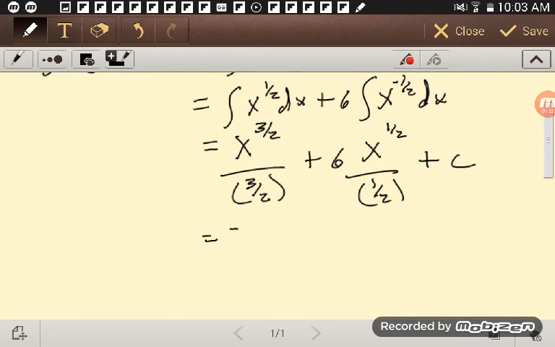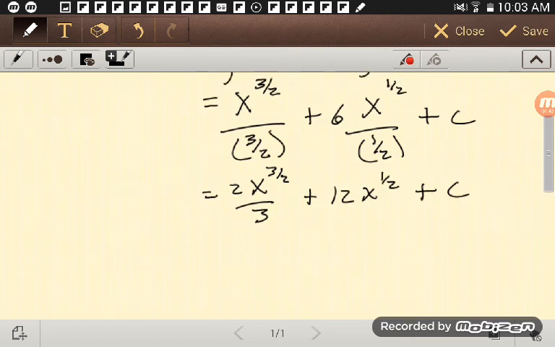And so this is 2/3, or 2x to the 3/2 over 3 when I invert and multiply. And then here plus 12x to the 1/2 plus c. So there I've simplified it.